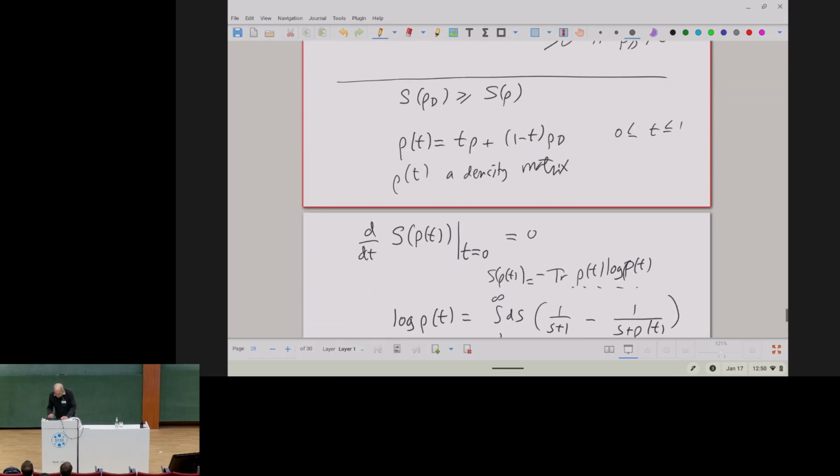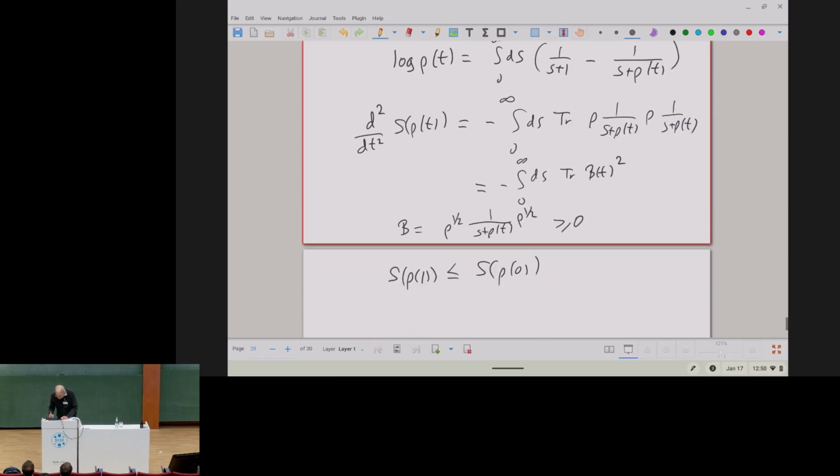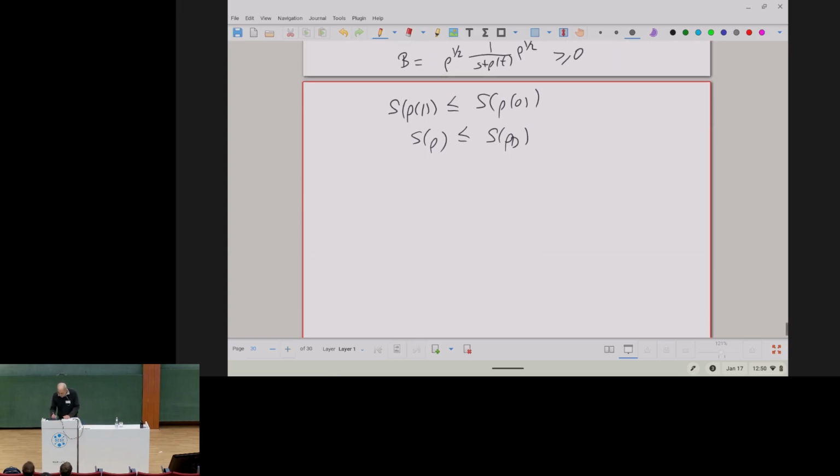But if we go back to the beginning, S of rho of 0 was S of rho d, and S of rho of 1 is S of rho. So we've proved, well, we finished the proof of the fact that relative entropy is non-negative.